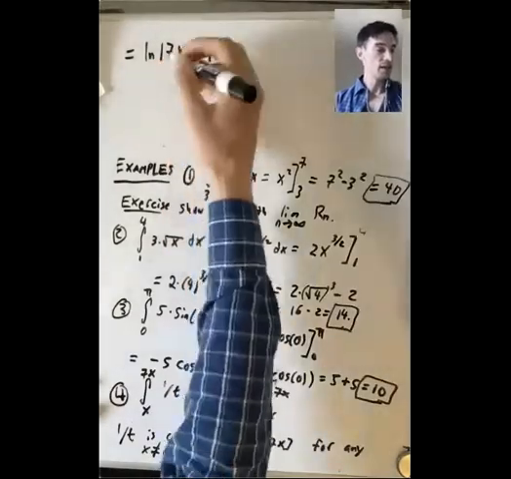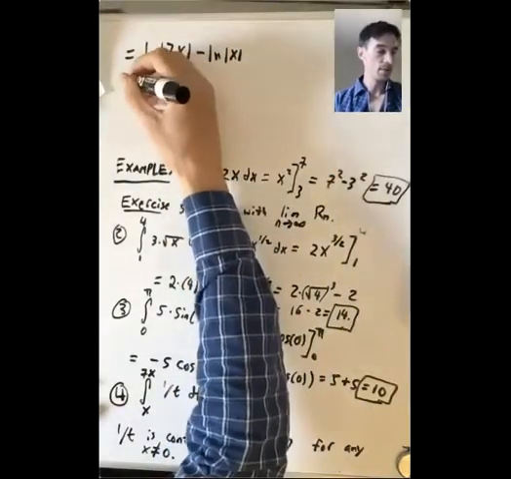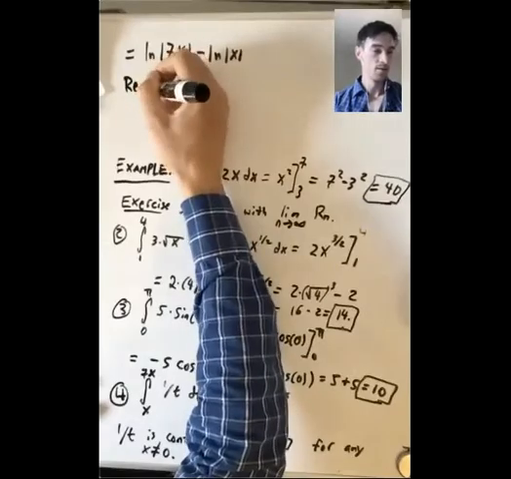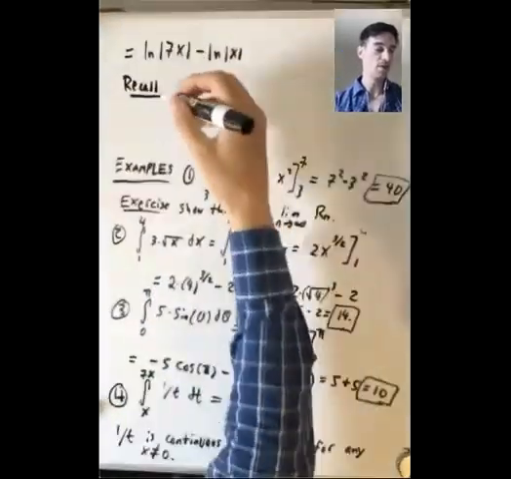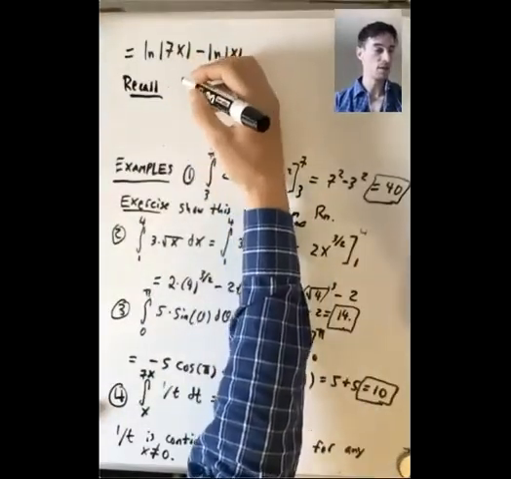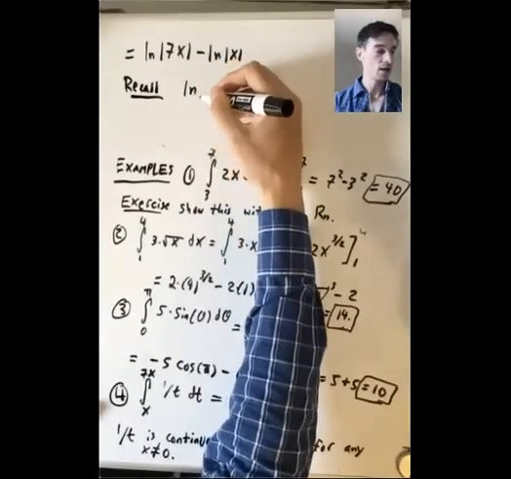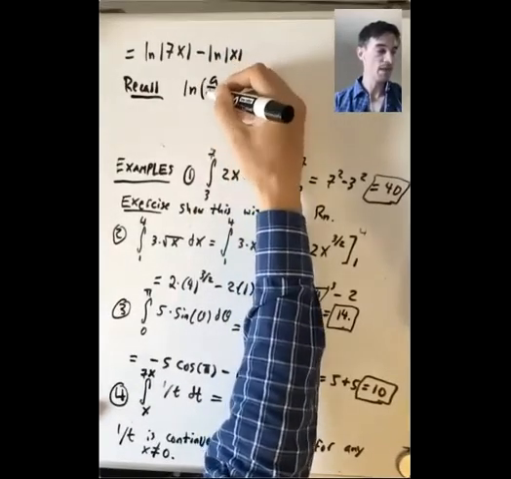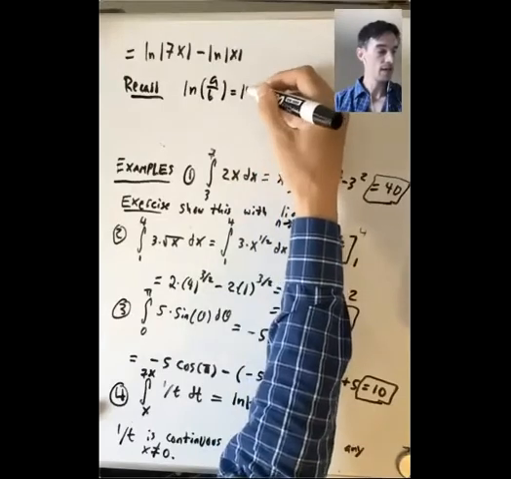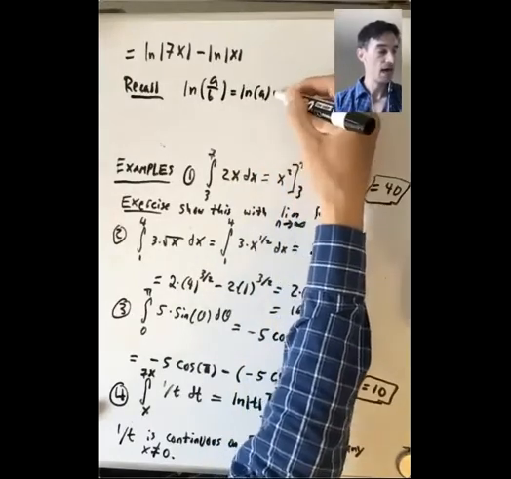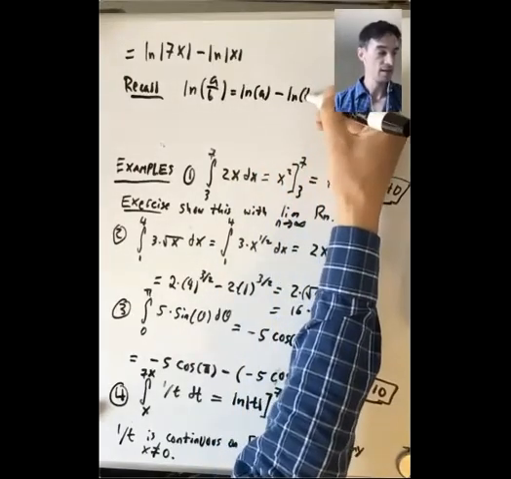But we can actually say a little more. Remember, there are some properties of logarithms that will be useful to remember throughout this course: the natural log of a over b is equal to the natural log of a minus the natural log of b.